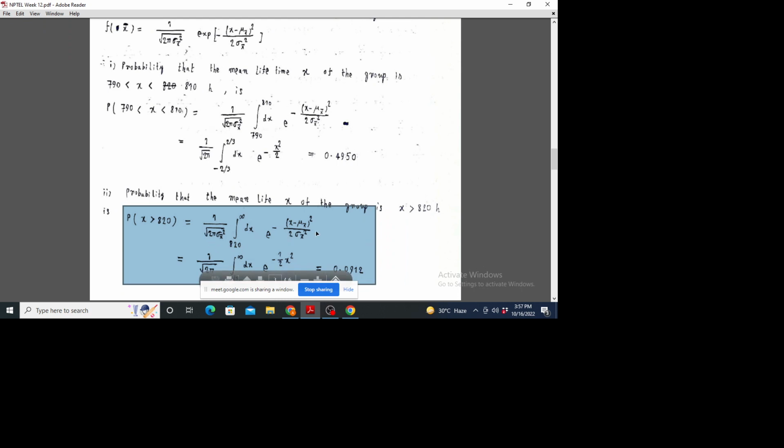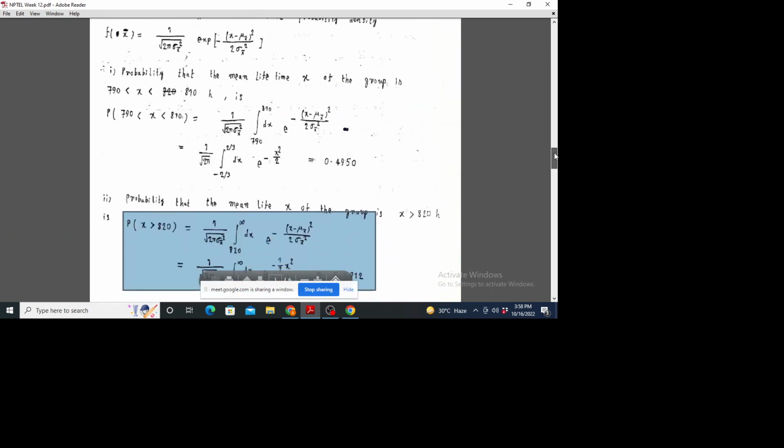We are already given the probability density and then we have to just integrate this, from 820 to infinity. Again, do the change of variable of the integration and you will get 4 by 3 up to infinity. Use the table and you will get 0.0912.